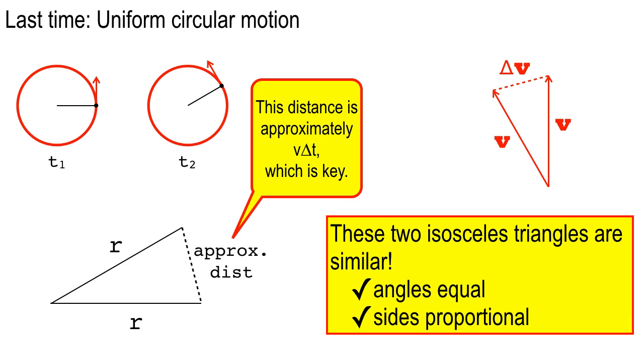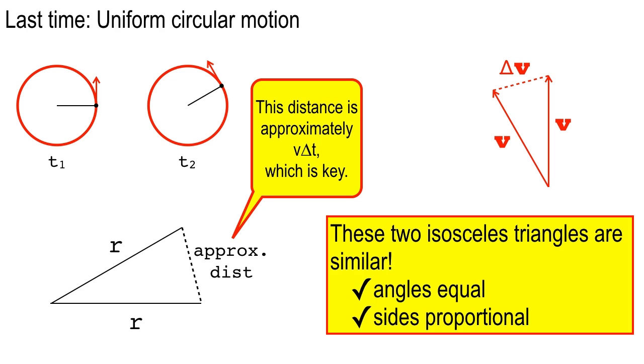Here are two snapshots that include the position vector, the black radius, at two different times, 30 degrees apart, time t1 and time t2. The velocity vector is straight up at time t1, but it's dipped a little bit to the left at the instant of time t2.